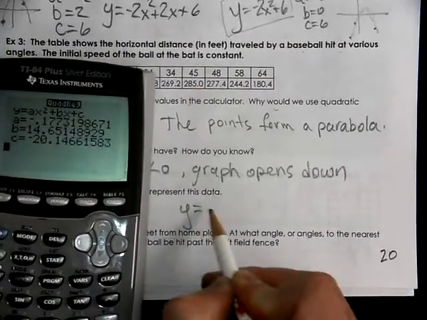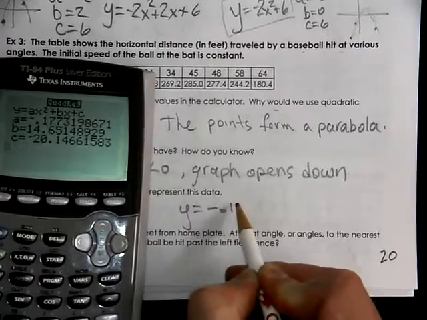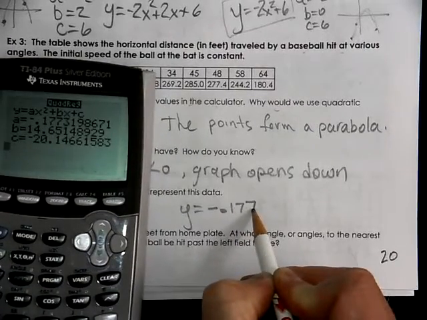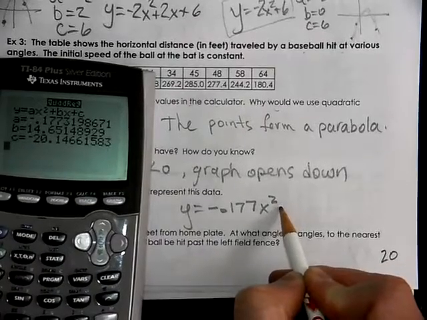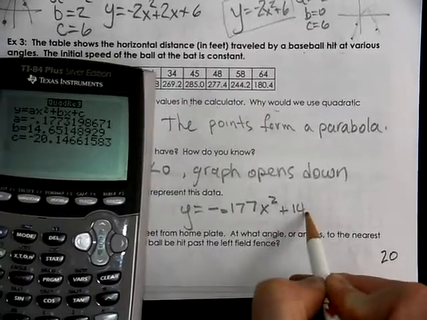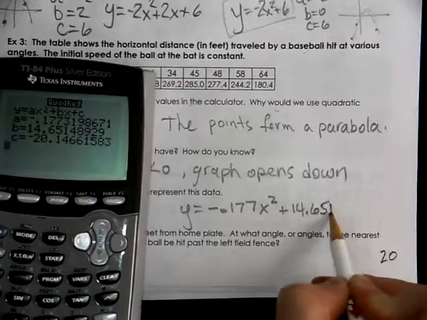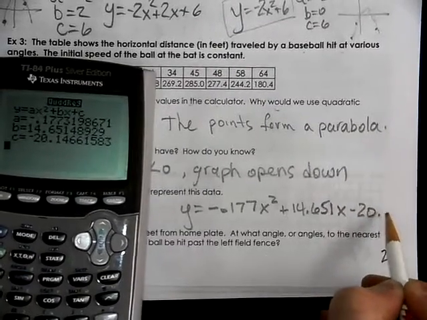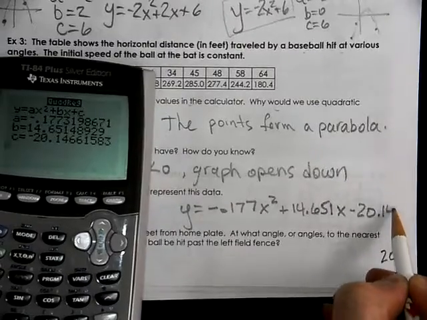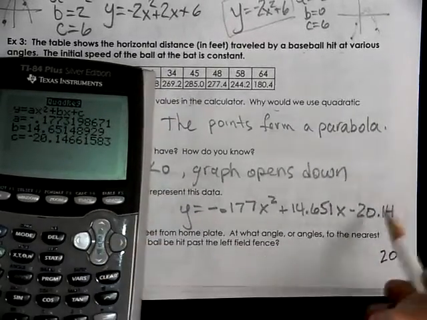So I have y equals negative 0.177x squared plus 14.651x minus 20.147.